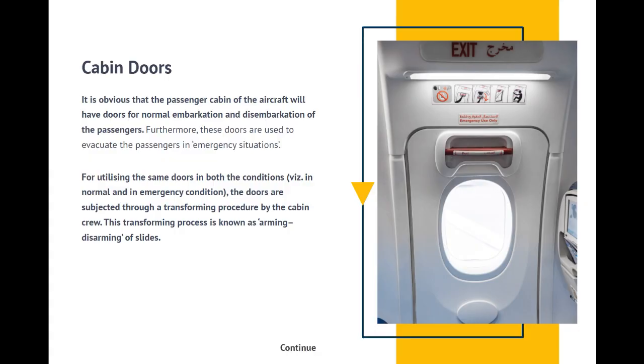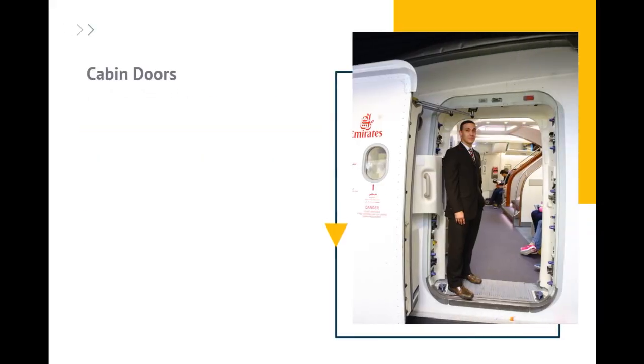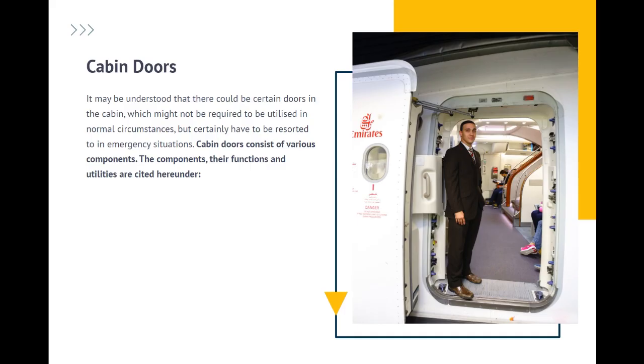This transforming process is known as arming-disarming of slides. It may be understood that there could be certain doors in the cabin which might not be required to be utilized in normal circumstances, but certainly have to be resorted to in emergency situations.